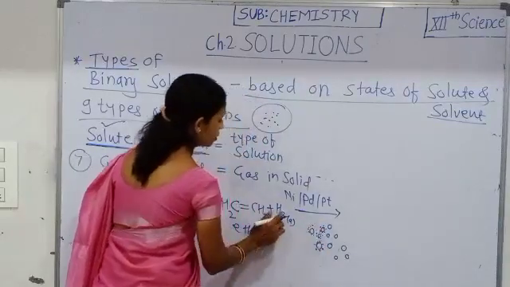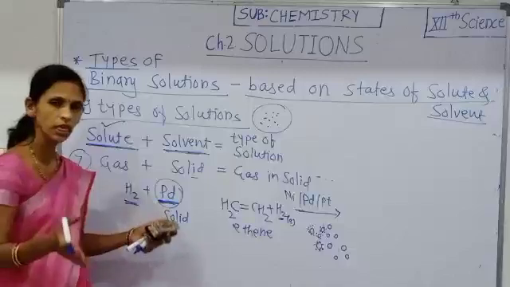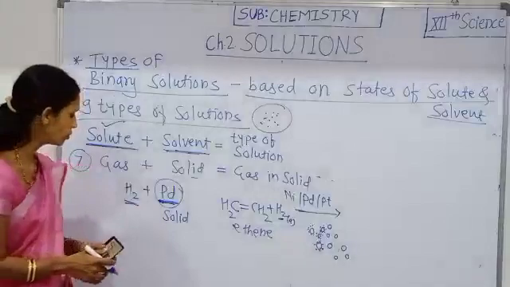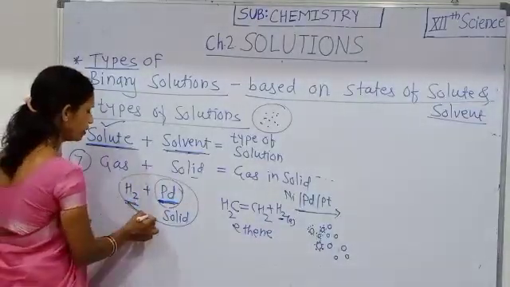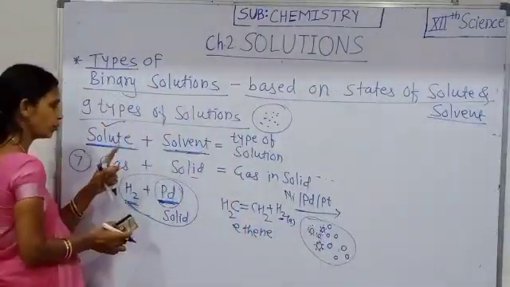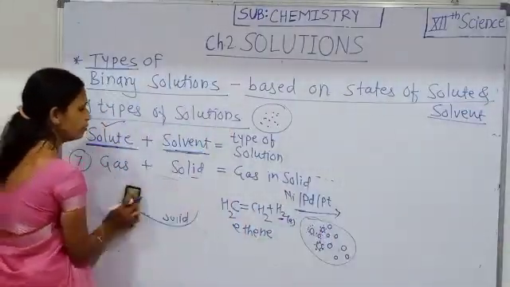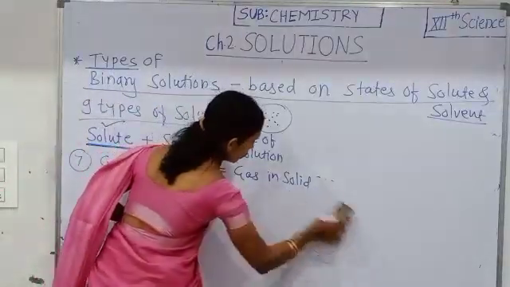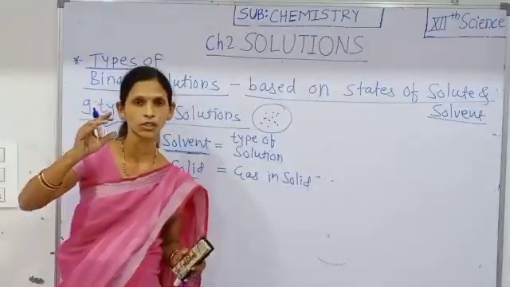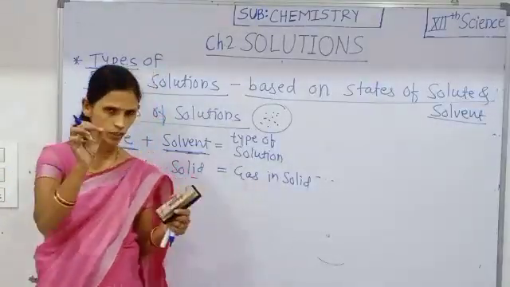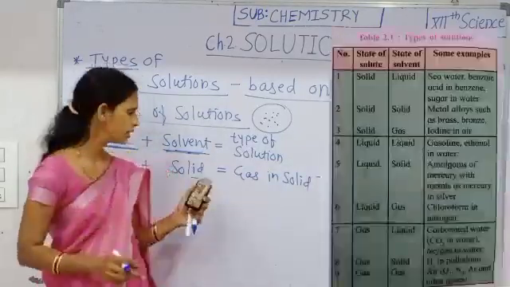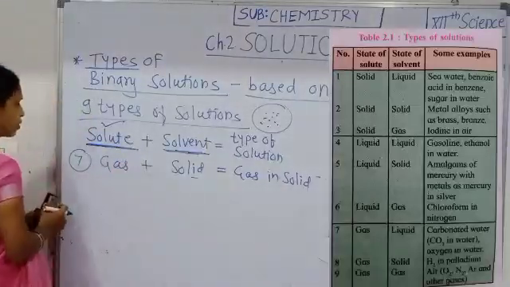Therefore the H2 gas is present in less amount, whereas the palladium catalyst is present in larger amount. So the mixture of hydrogen gas and palladium is gas in solid type of solution. One example of gas in solid is a sponge. A sponge is made up of solid and is porous in nature, in which air particles are captured. Those are a few examples of gas in solid.